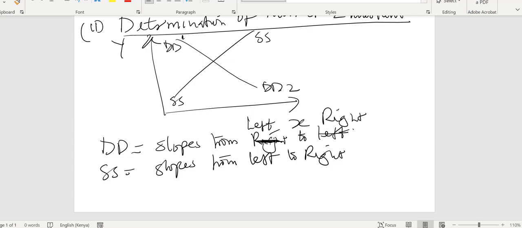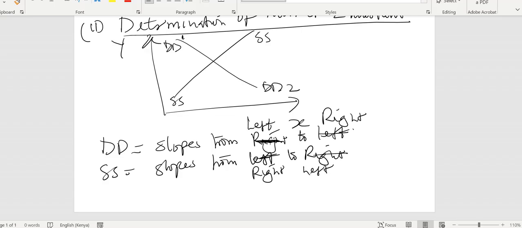Are you together? Number 2 is on the right. Are we okay? Now for supply, it slopes from right to left. Now you interchange.